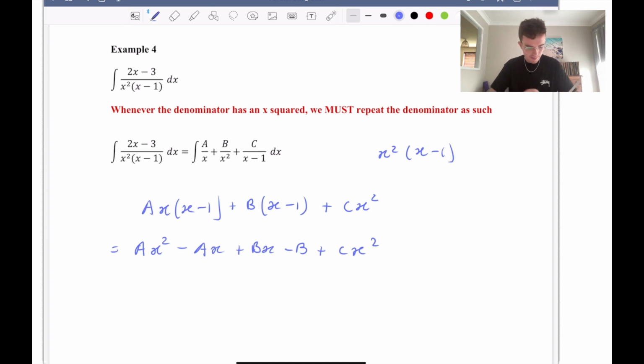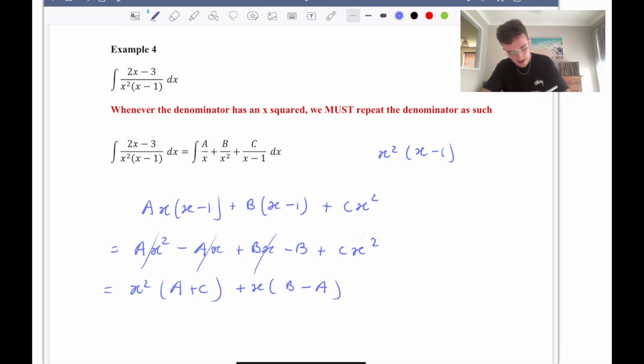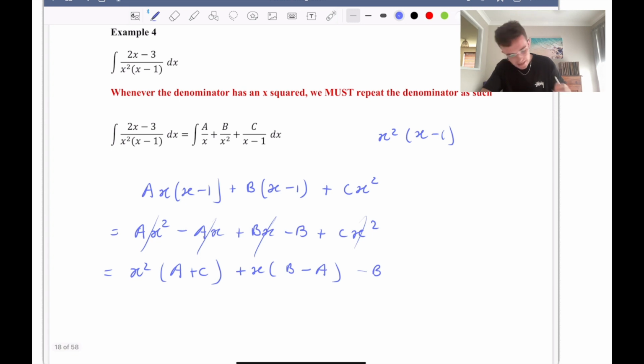And if we have a go at equating coefficients, let's combine them. So it's going to be x²(a + c). That's telling us a equals -c, but we'll get to that in a second. x times (b - a). What have I done? That -b. Now that is telling me -b has to be congruent to -3, which means b is equal to 3. a + c has to be 0, because there's no x² term here.